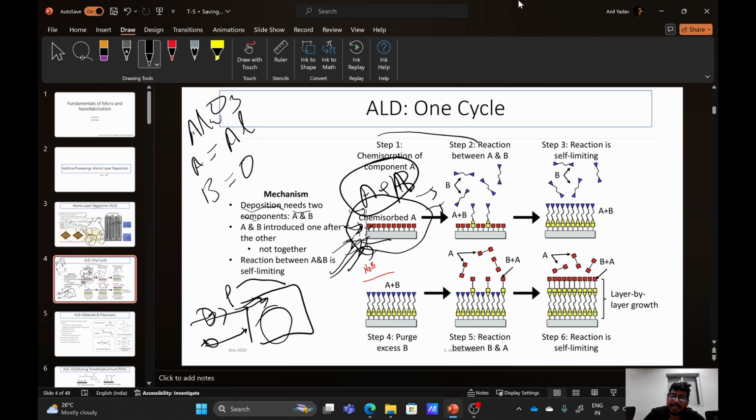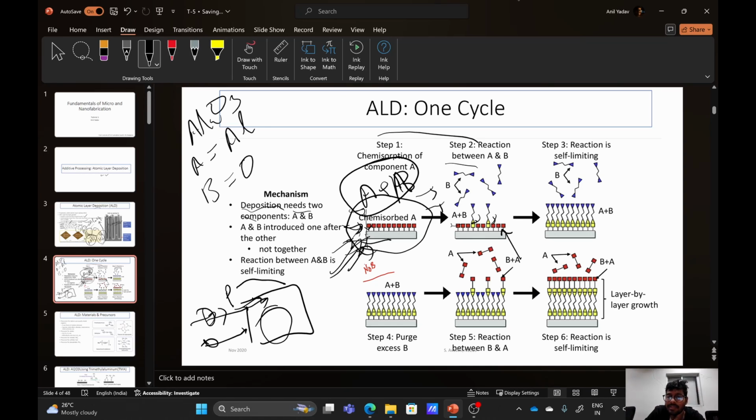This precursor B will specifically react with the previous molecules, one on the top. So these are the reacted precursors.